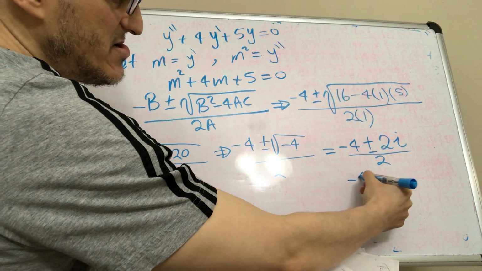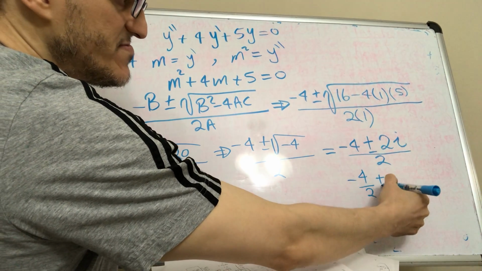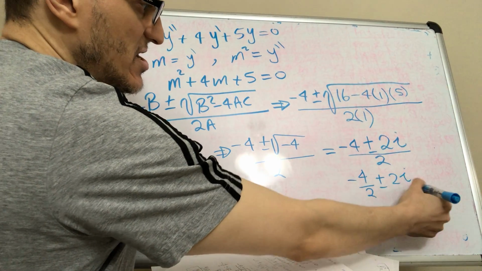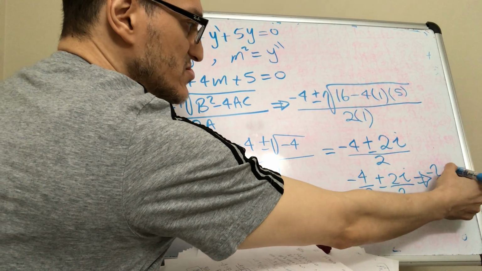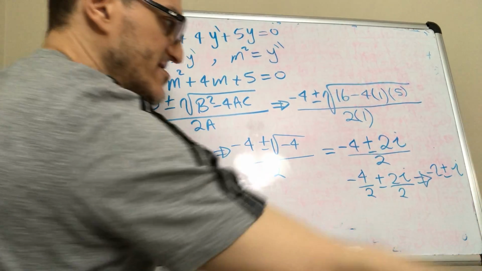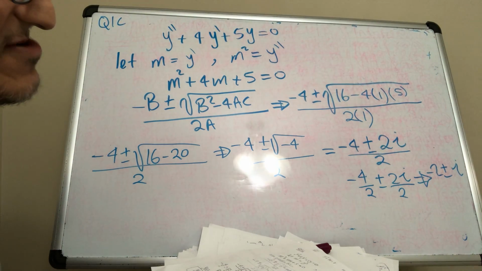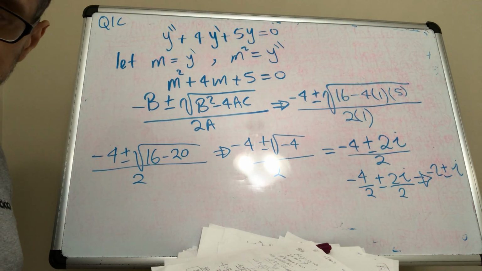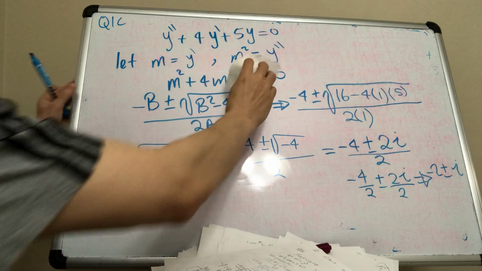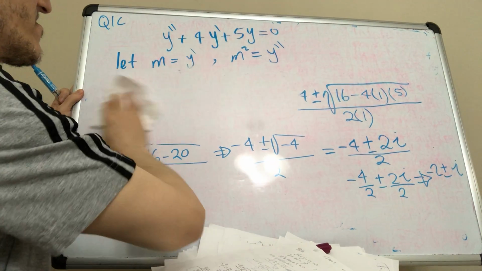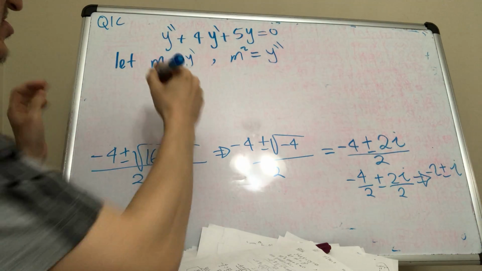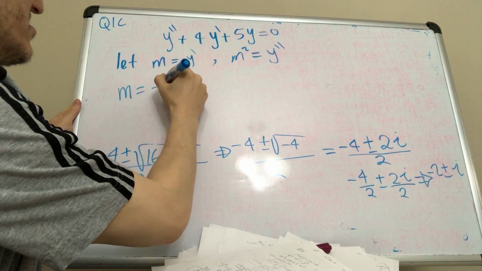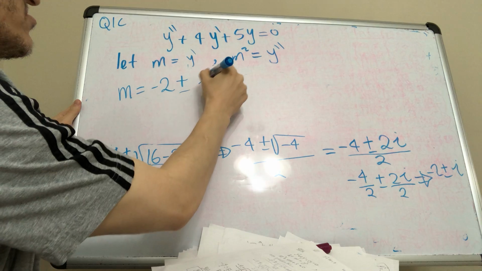So this is negative 4 over 2 and 2i over 2. This is minus 2 plus or minus i. So your answer m is minus 2 plus or minus i.